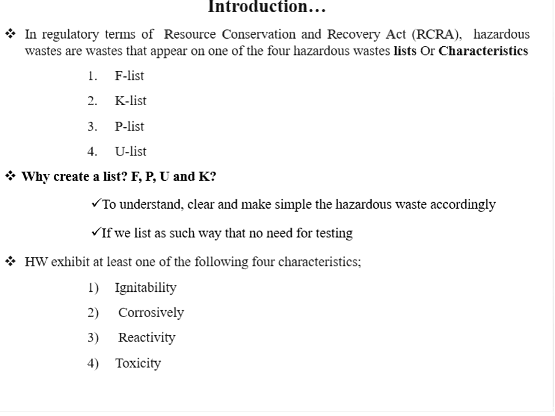Why is it important to create the F, P, U, and K lists? First, to understand the waste, to make it clear and simple to classify hazardous waste accordingly. Second, if we list it this way, there is no need for further testing. Why?